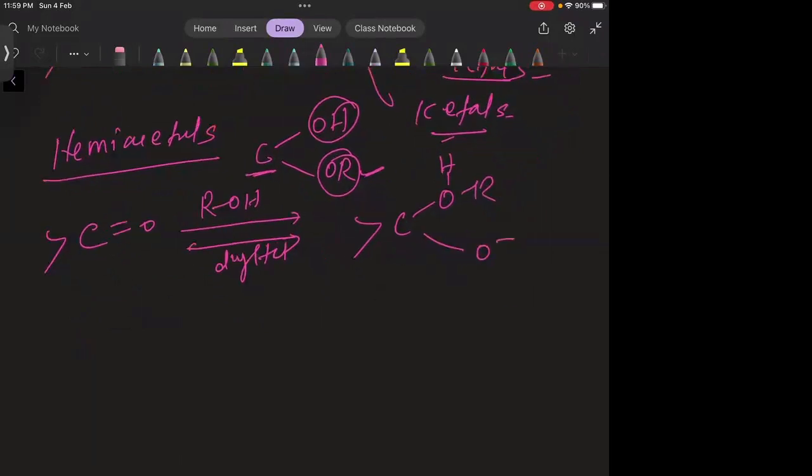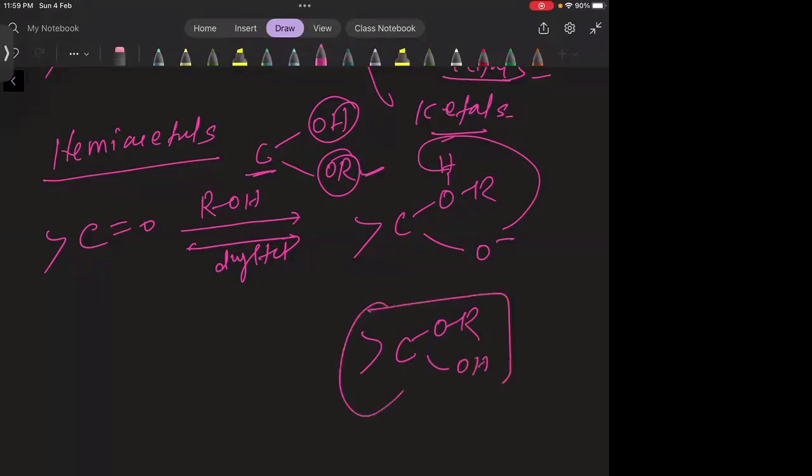Then an intermolecular hydride transfer forms, and COR and OH will form. This is the hemiacetal. So when one mole of alcohol is taken with a small amount of dry HCl, or anhydrous HCl or gaseous HCl, the hemiacetal will form, correct?